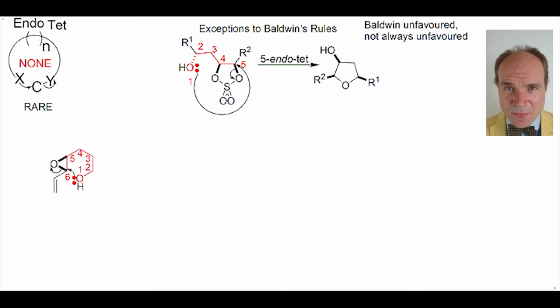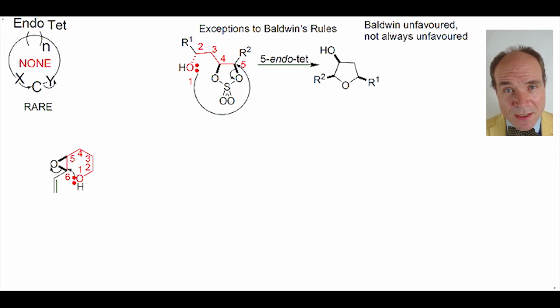Here's another example. Again, we have an alcohol, this time attacking an epoxide. We form, as a result of the reaction, a 6-membered ring. The epoxide is partially made up of carbons 6 and 5 of that ring, and we break the bond between carbon 6 and its corresponding oxygen.